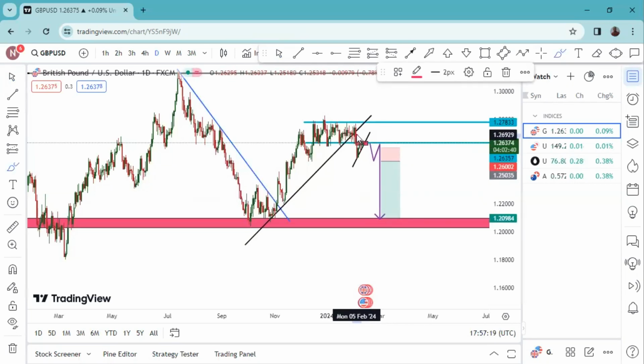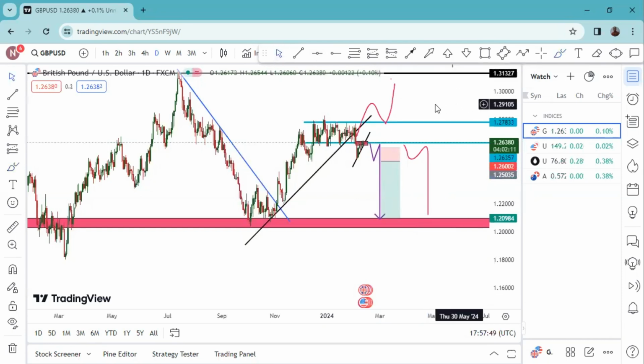And guys, I told you two things. If the market breaks from the top, I will take the breakout, but I will wait until the market retests this zone. That's where I can take my buy to the upside. And if the market breaks to the downside and retests, then I can take my sell to the downside.